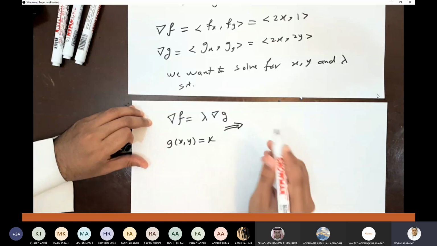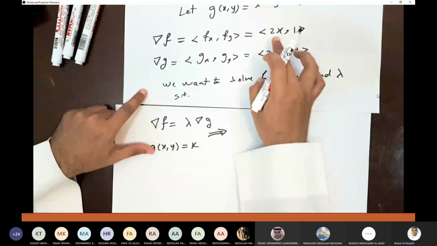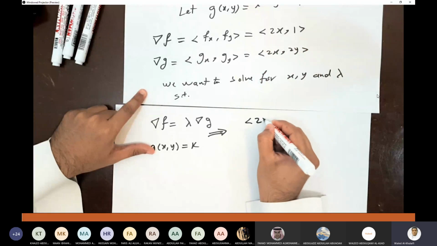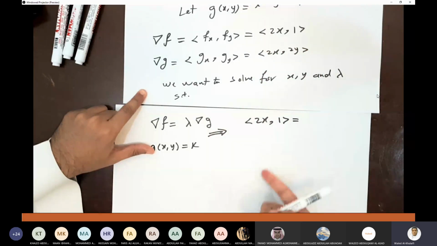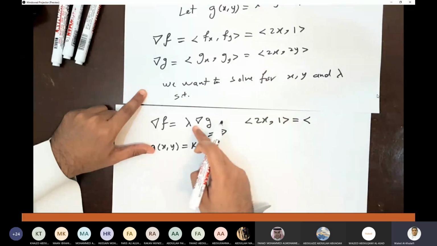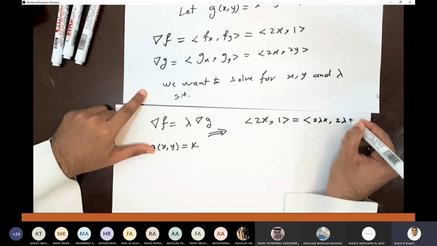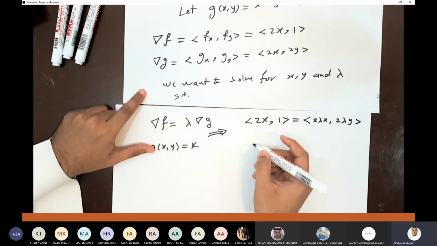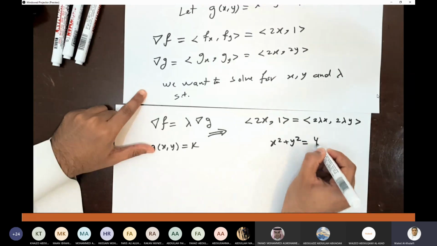This implies that we have this vector. I will do it once, but later I'm going to do something else straightforward. Now I multiply lambda by this one, so we have 2 lambda x, comma, 2 lambda y, and then this constraint, which is x squared plus y squared equals 4.